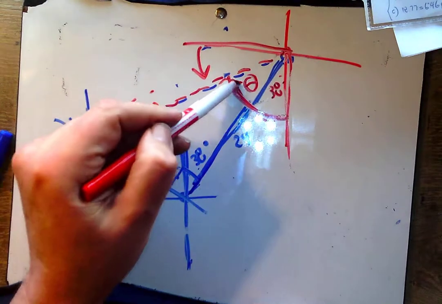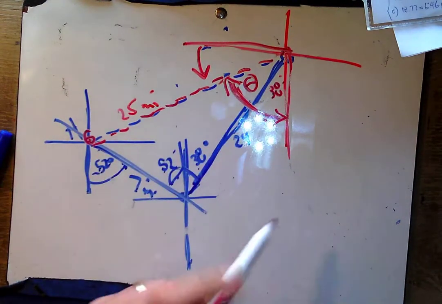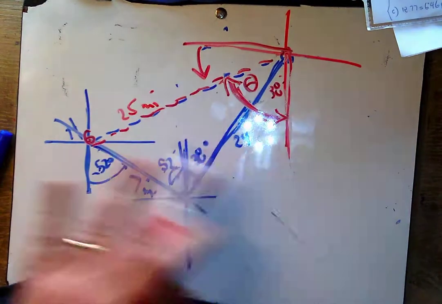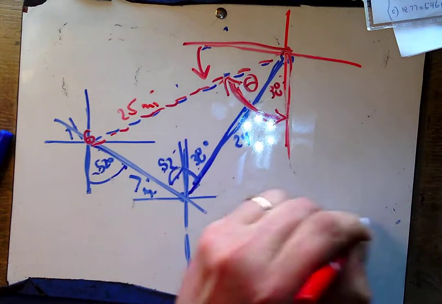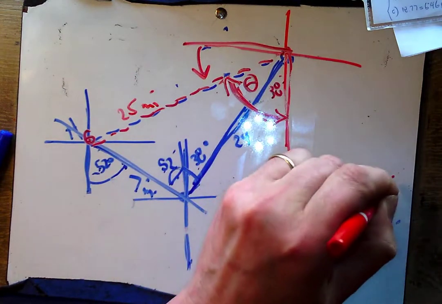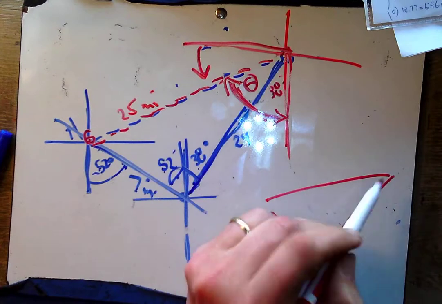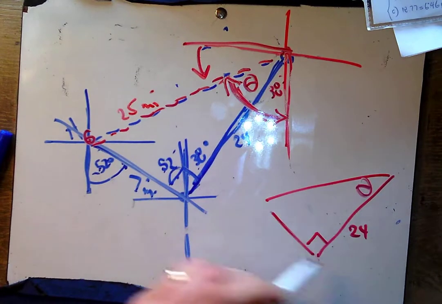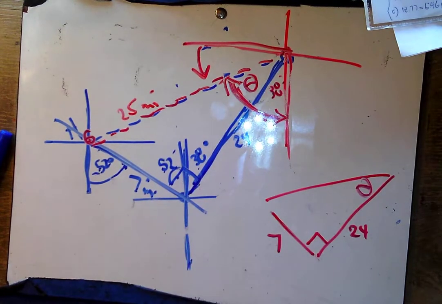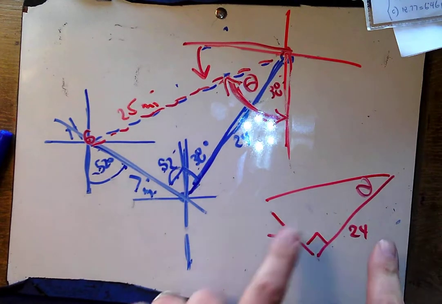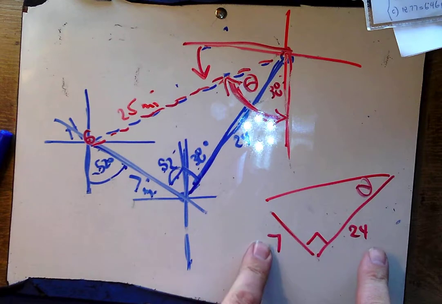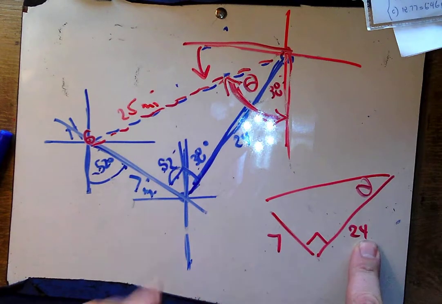All right, well, how do we find theta? Well, again, I got a lot of visual noise going on here, so I'm just going to pull out that right triangle again. And I'm looking for theta. I know this is 24, and I know this is 7. Any way I can find theta here? Any trig function you know that relates opposite and adjacent? Sure.